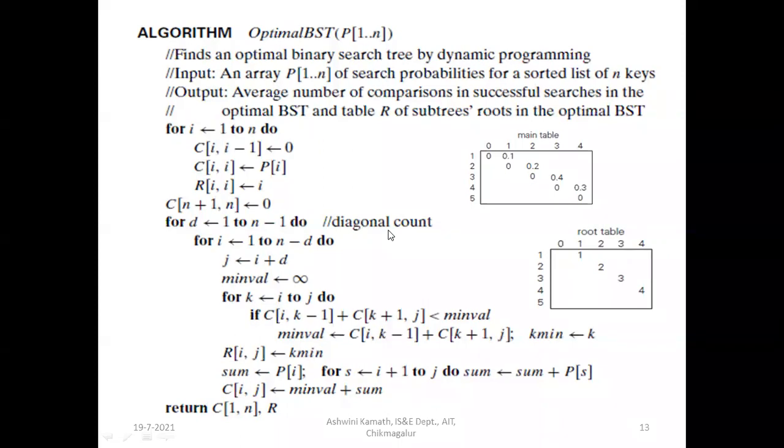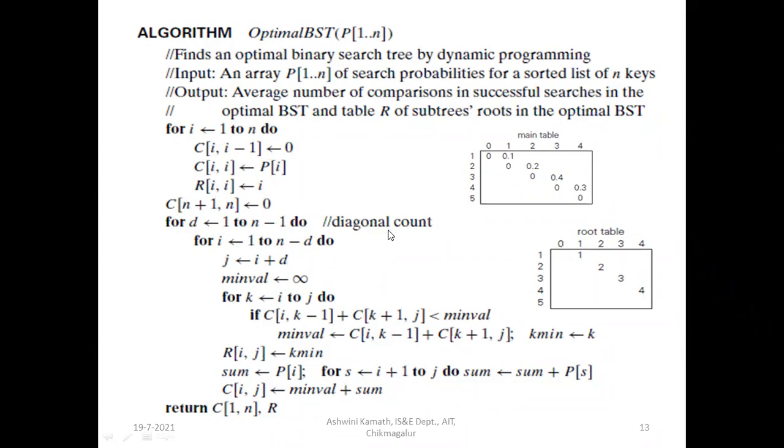That will be J is equal to I plus D, and the minimum value we are going to consider is equal to infinity initially. Then for K is equal to I to J. I told you K will vary from I to J. Whatever we have done just now with the formula, the same thing we are doing in the algorithm also.